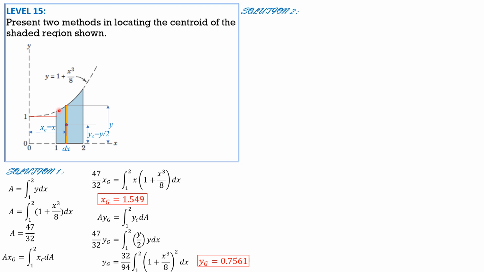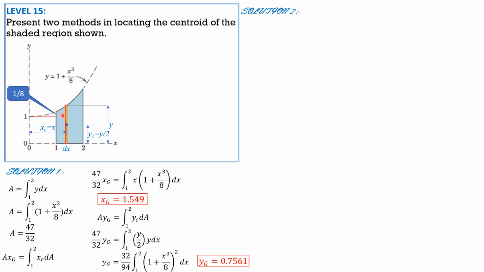And this part here, the total height is, substituting x equals 1, 1 plus 1 cubed over 8, so 9 over 8. So that means this small height here is 1 over 8, because it is 1 plus 1 cubed over 8 minus 1, since this is already 1.